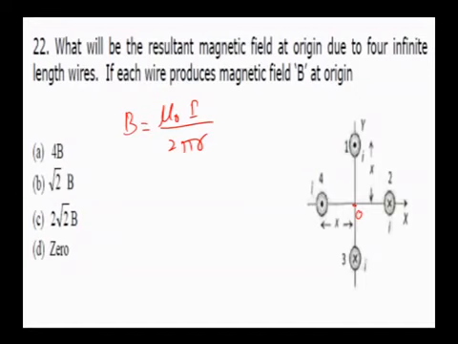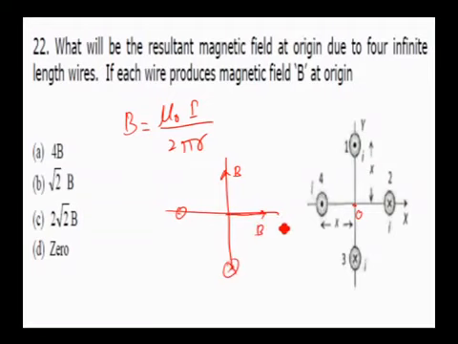So the direction of magnetic field produced by this current at this point is upwards. I will write here, magnetic field produced by this current is in the upward direction. Similarly, magnetic field produced by this current at this point is towards right. That is the magnetic field produced by this cross, that is this direction.